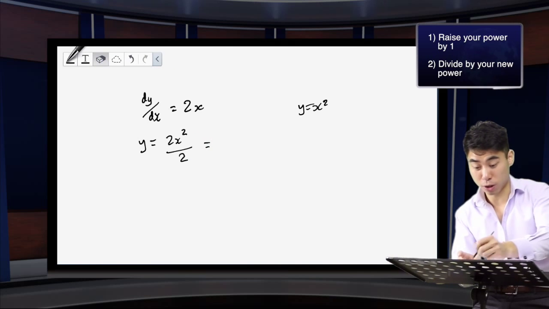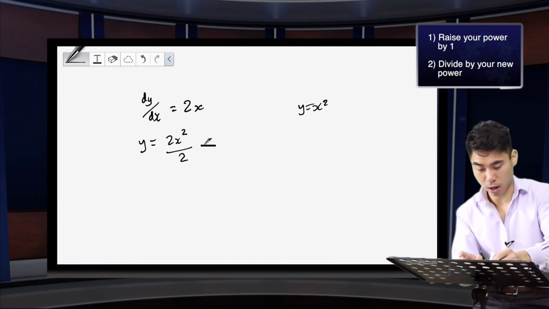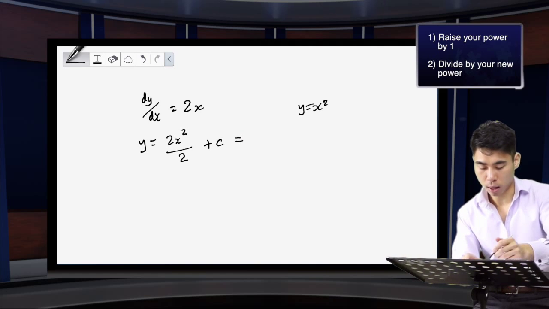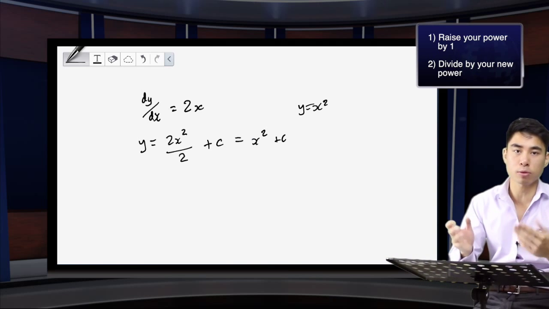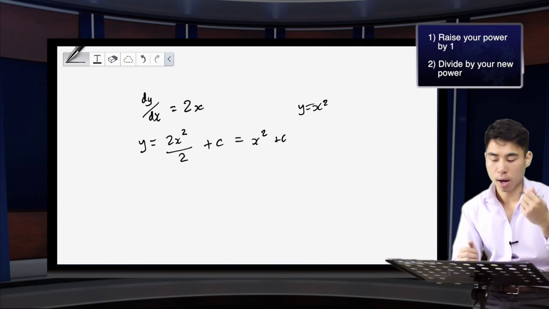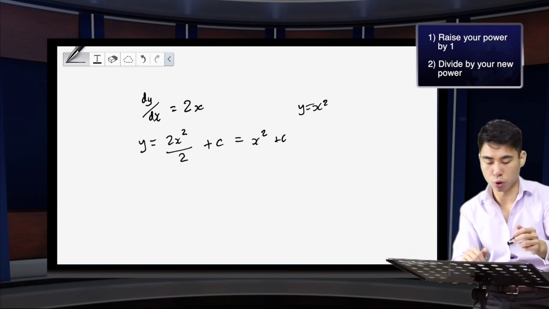And obviously this is going to be plus c. So don't forget your constant term there. And now we notice I've got a 2 on the top and 2 on the bottom. Those 2 cancel. It just leaves me with y equals x squared. So 2 steps, you're going to raise your power by 1 and then divide through by your new power.